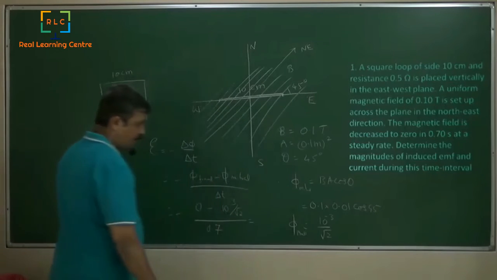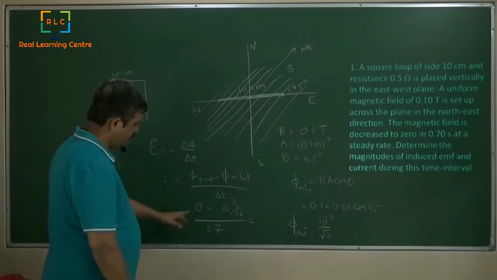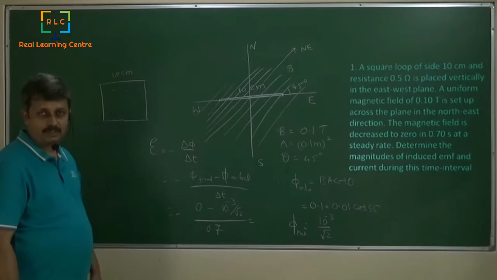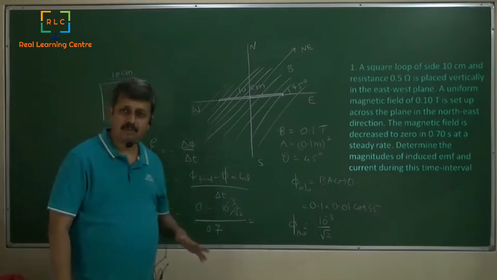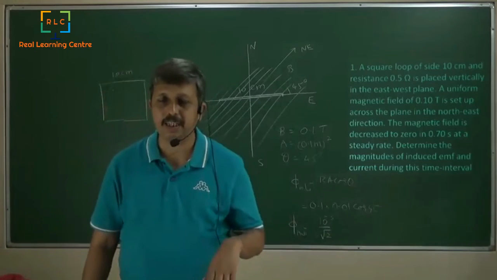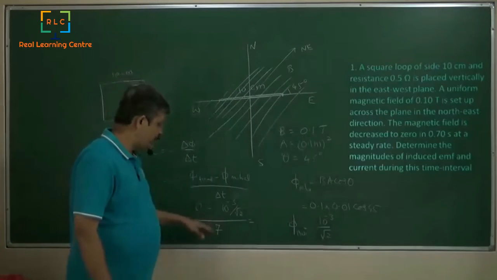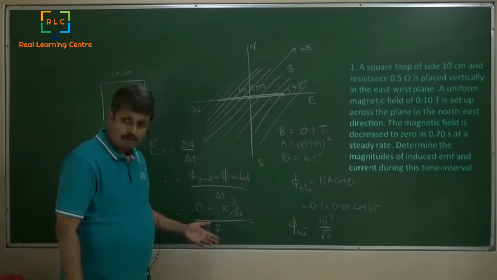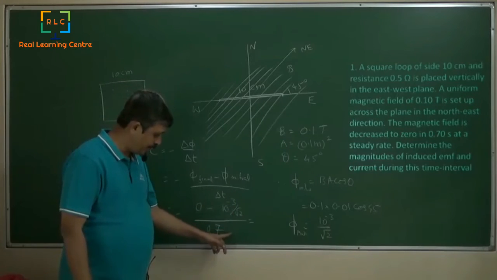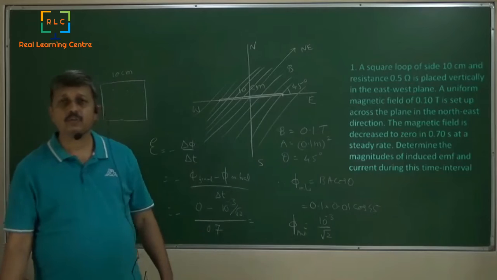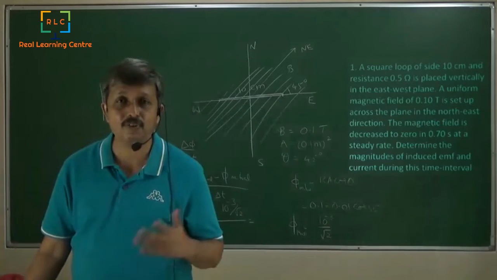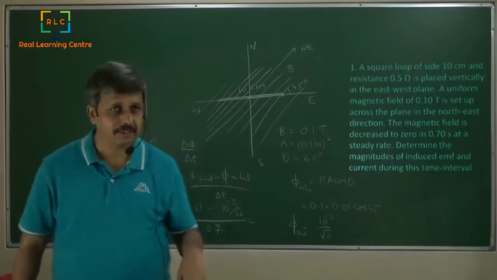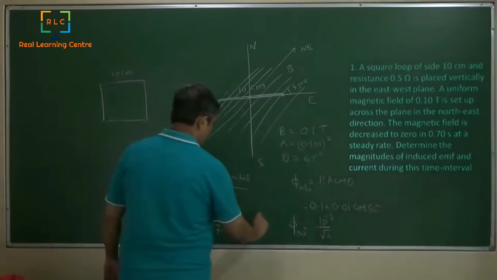Minus into minus is plus, 10 power minus 3 by root 2 into 0.7. Root 2 is 1.414, and 1.414 into 0.7 is approximately 1. So I will write this as 10 power minus 3.